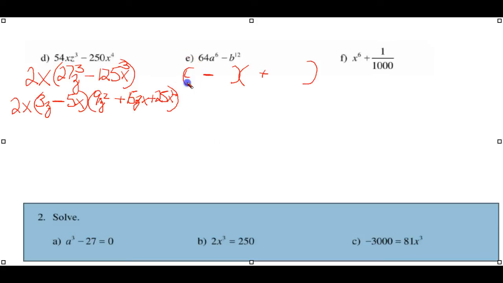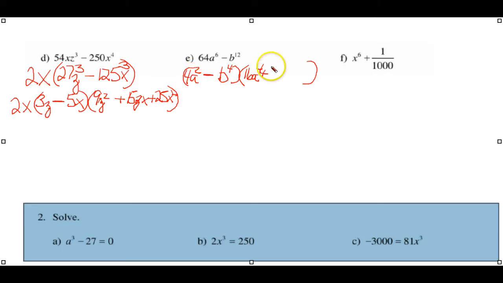So this will be 4a squared, and this is going to be b to the fourth. Just divide the exponent by 3 to get that. Now square this. 16a to the fourth.